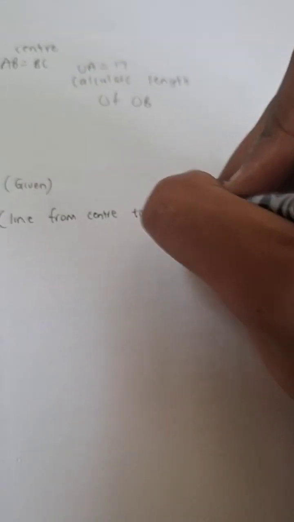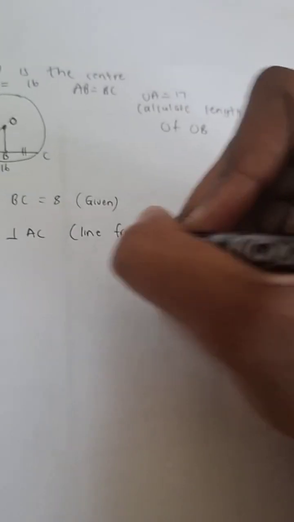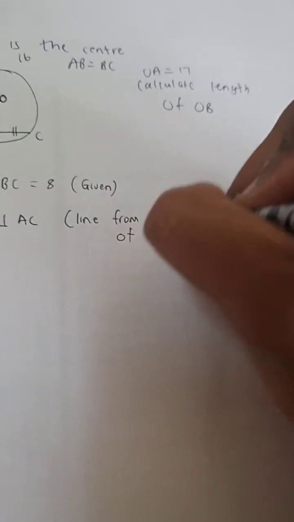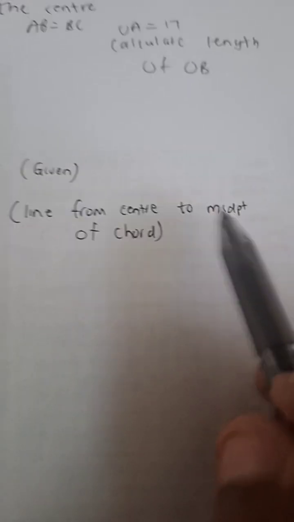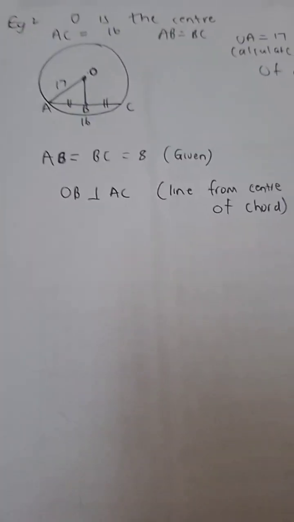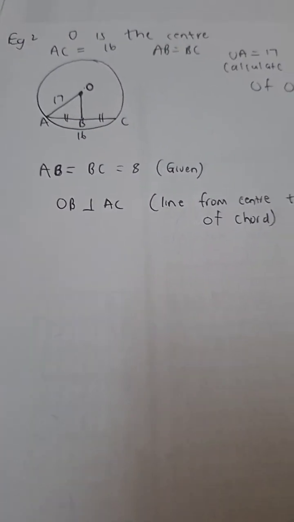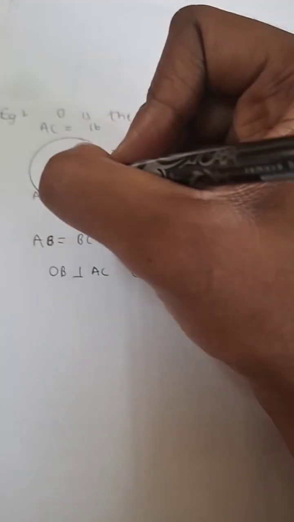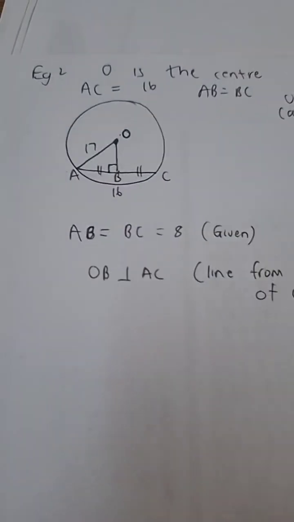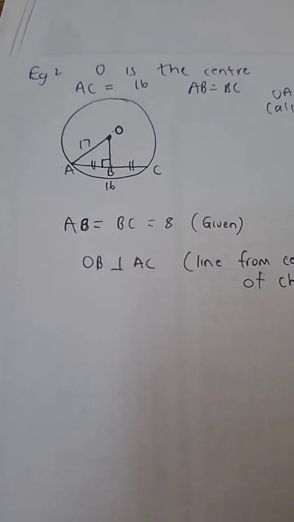Line from center to midpoint of chord. Okay? Yeah, OB is perpendicular to AC. So in other words, if that is the case, then there it is. I can put it in my diagram that it is 90 degrees.